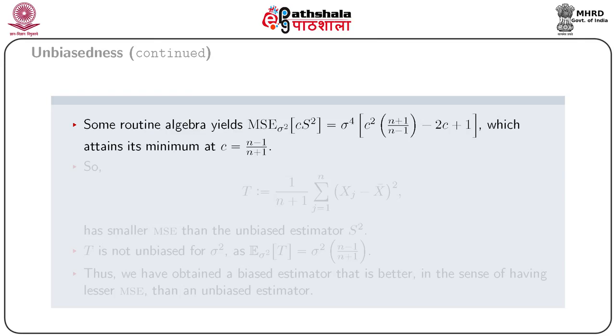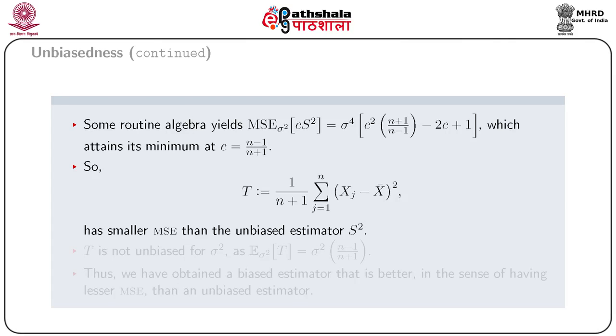Now differentiating h(c) with respect to c, we get h prime c equals sigma to the power 4 times [2c (n plus 1) by (n minus 1) minus 2]. Setting h prime c equals 0, we get c equals (n minus 1) divided by (n plus 1), and hence T equals 1 by (n plus 1) times the summation over i from 1 to n of (Xi minus X bar) whole square.